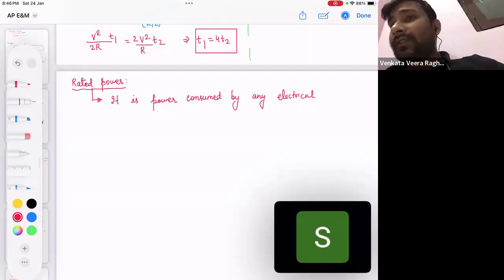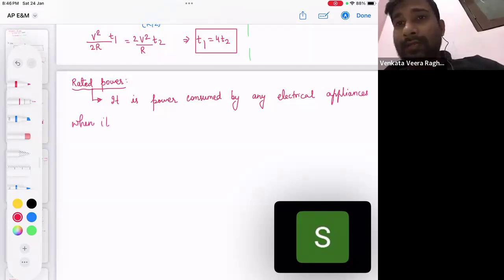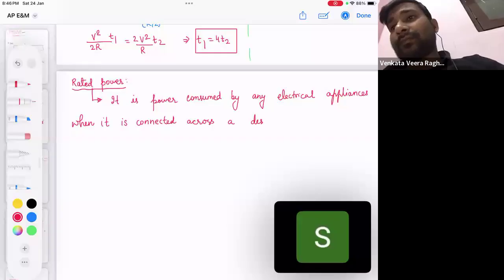Okay, it is the power consumed by any electrical appliance when it is connected across a designated voltage. Understood?